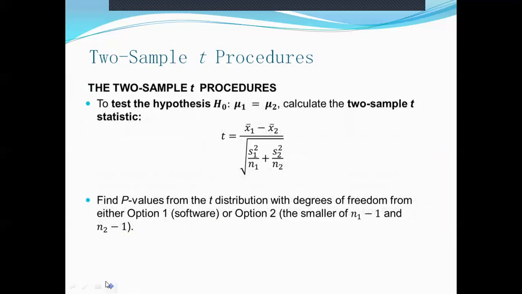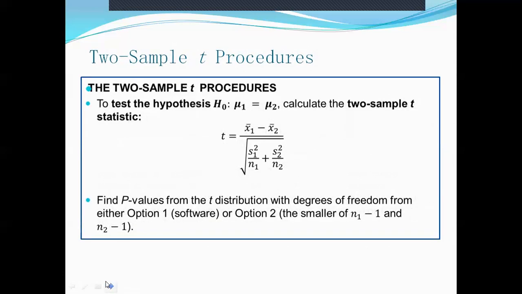The two-sample t procedure to test the hypothesis H naught that mu1 equals mu2: calculate the two-sample t statistic, which is t equals x1 bar minus x2 bar, because if we then subtract the difference in the population means, that's 0 here, so we discard that portion.